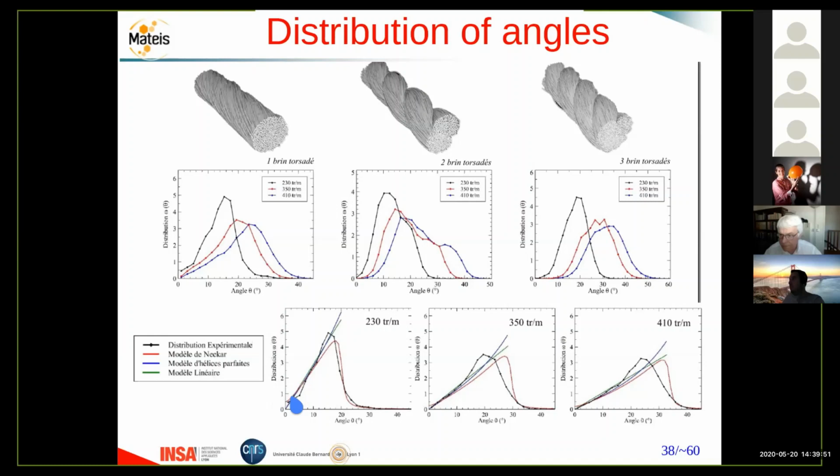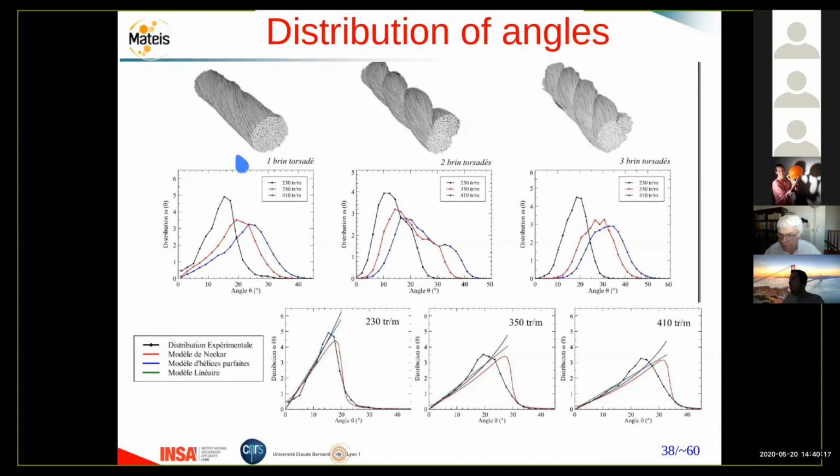And here, this is a comparison of the experimental distribution with the different theoretical ones, where we were able to demonstrate that there is no existing model that allows to describe completely the distribution of angles. This is another analysis that can be very easily done.